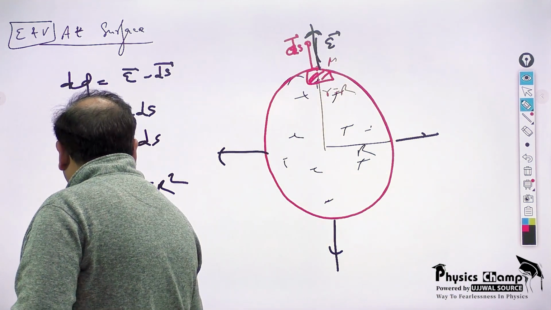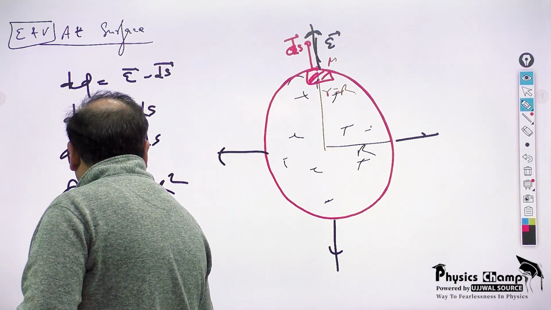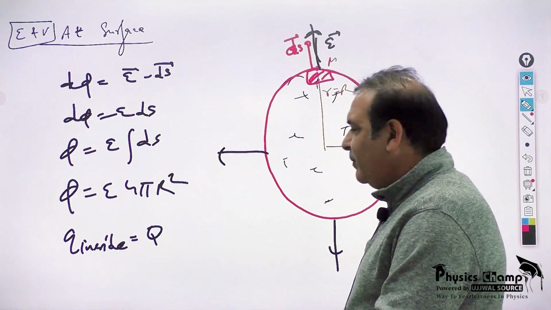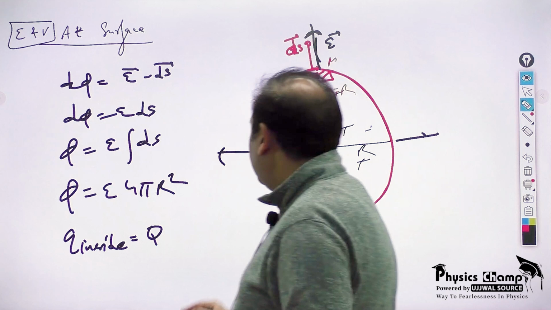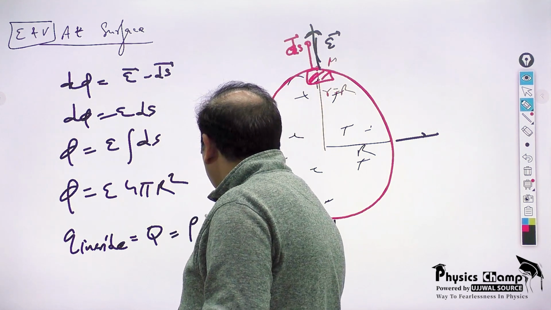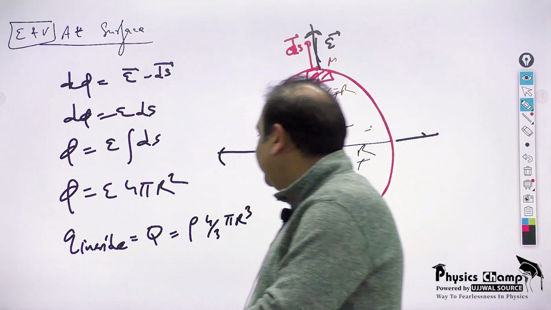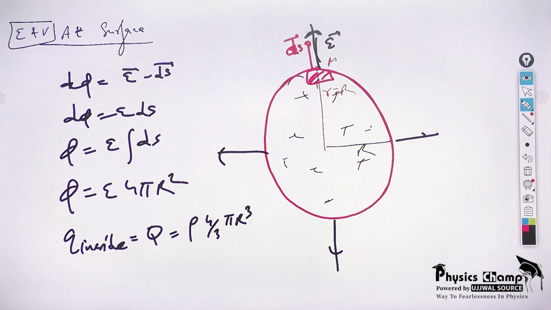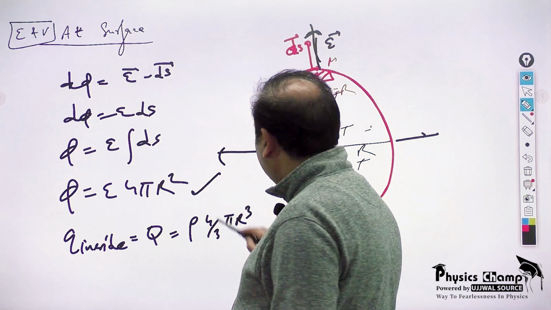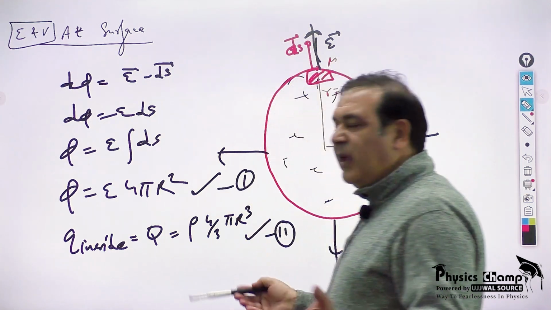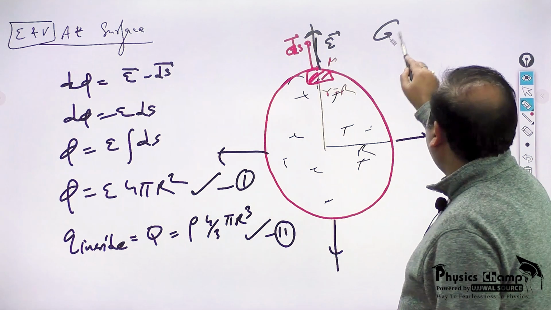And next step, charge inside. When you look for the charge inside, it is Q. The whole charge is there within it. Or you can also call it rho into 4 by 3 pi R cube. Then you have the net flux and the charge inside, so you apply Gauss theorem.